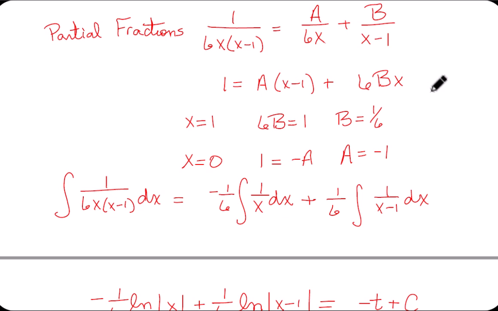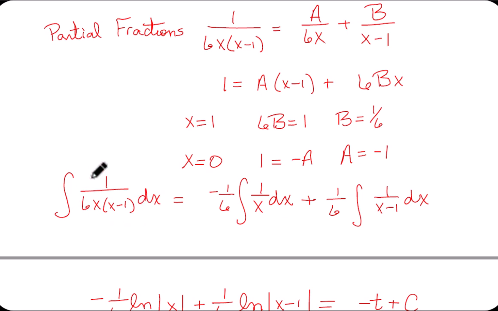And then in the technique of partial fractions, I let x be different things to solve for A and for B. So if x is 1, the A part is gone, and I can get B as 1/6. If I let x be 0, the B part is gone, and I can solve and get that A is minus 1.